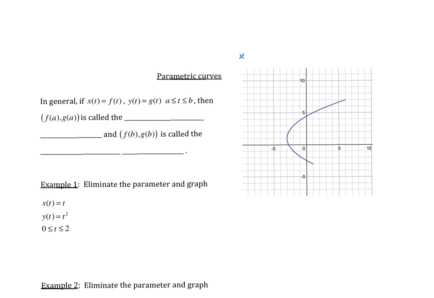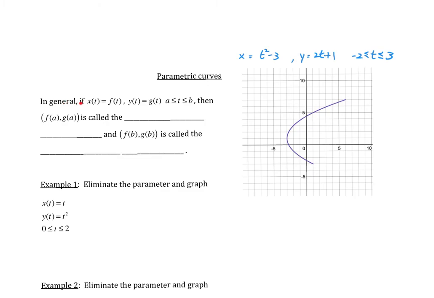X was equal to, we don't always put the of t there. I think it's nice to indicate the dependence on t, but sometimes people just write x equal to t squared minus 3, and we could say y is equal to 2t plus 1. And in this particular example, I had t ranging from -2 to 3.